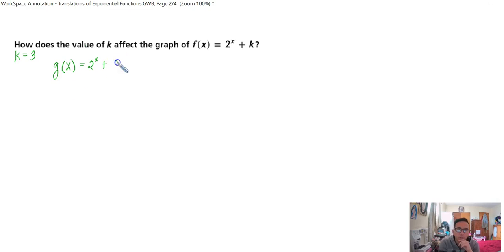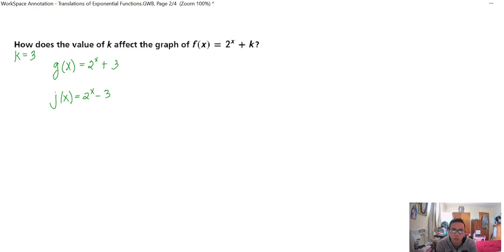Okay, so I add 3 here, and then another function which is j of x is equal to 2 raised to x minus 3. Okay, minus 3. So what is the difference between these two exponential functions? All right, so let's graph this one.